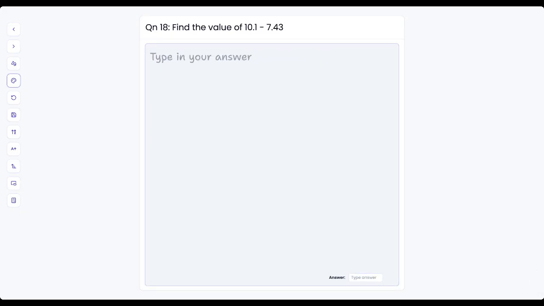Find the value of 10.1 minus 7.43. So usually what I like to do is to put the whole decimal places. So this is actually equal to 10 plus 0.10 minus this whole thing.